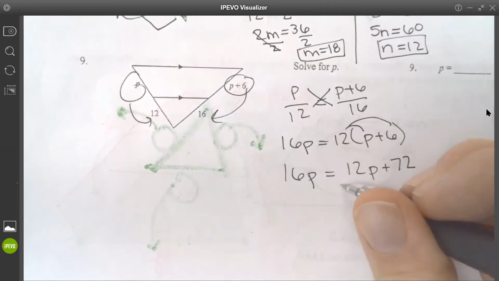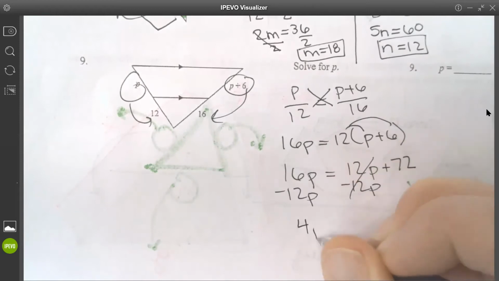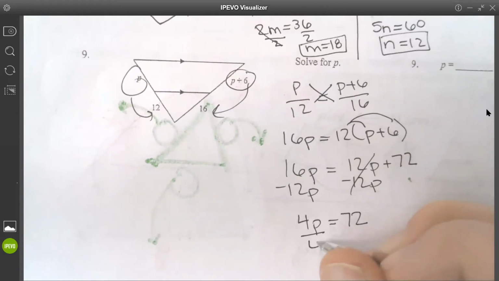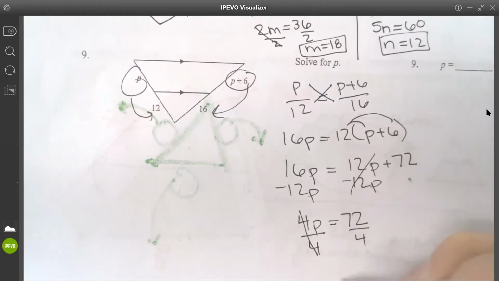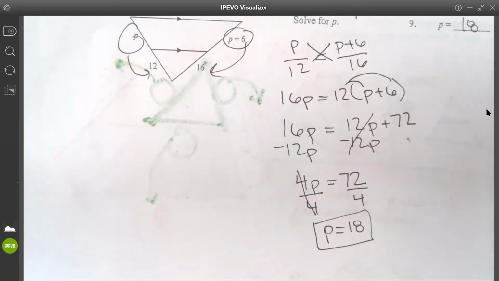And I subtract that 12p, giving me 4p. And that goes in evenly, I'll just tell you. It's 18. Okay, so certainly if I have a problem like this, a lot easier to just do part to part.